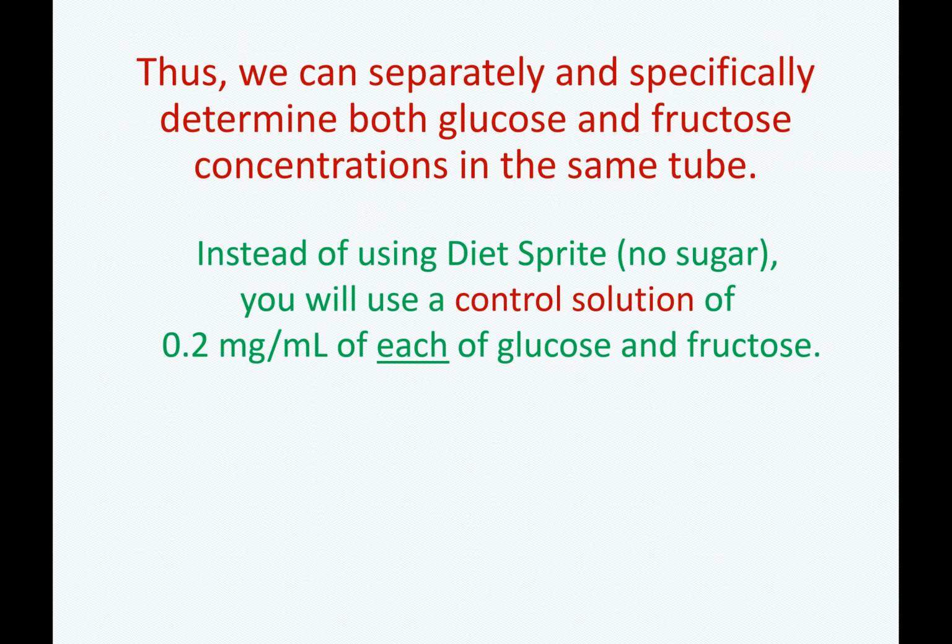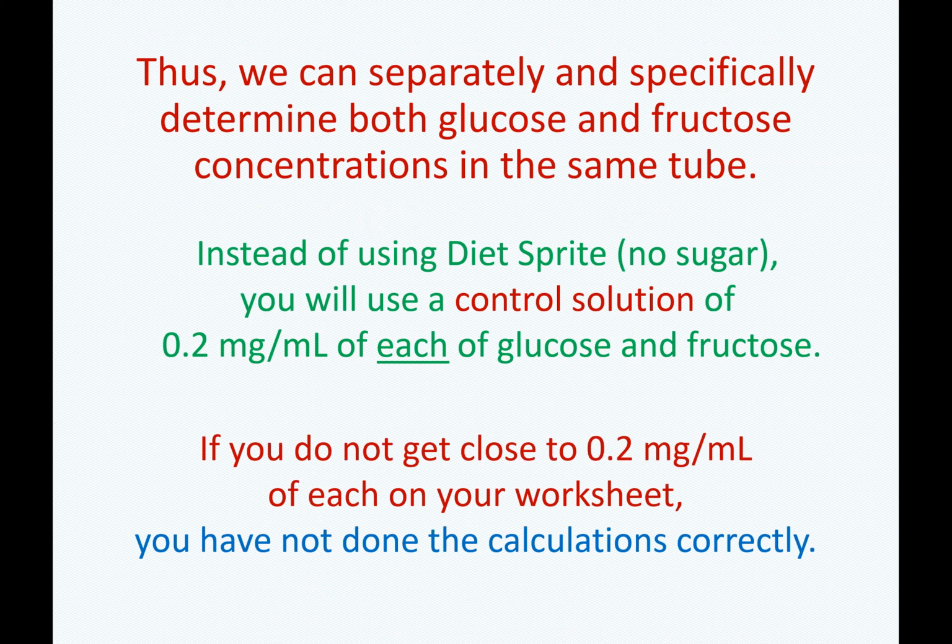However, the control solution gives you the benefit of knowing that your reaction is working and that your calculations are correct if you calculate 0.2 milligrams per ml of glucose and 0.2 milligrams per ml of fructose. If you do not get close to 0.2 milligrams per ml for each on your worksheet, you're probably not doing your calculations correctly, so make sure you check this.